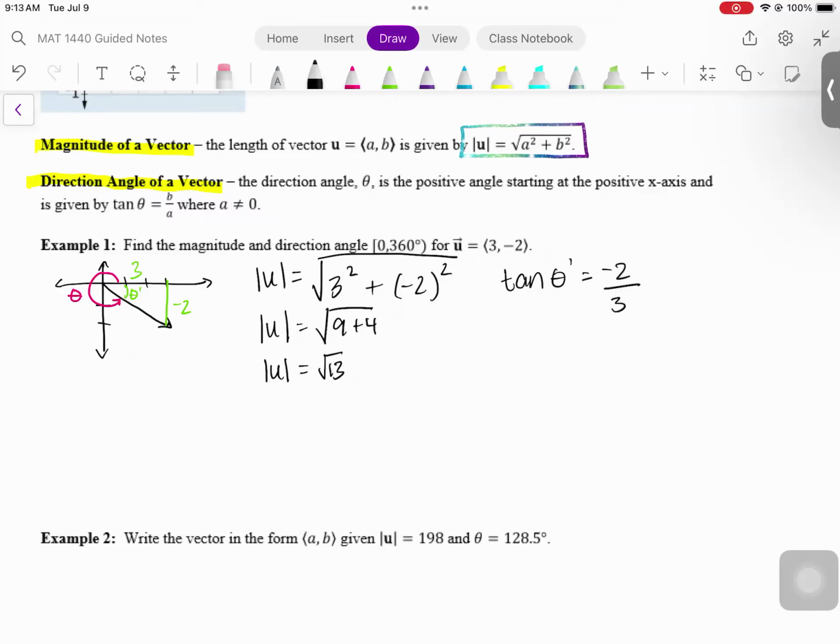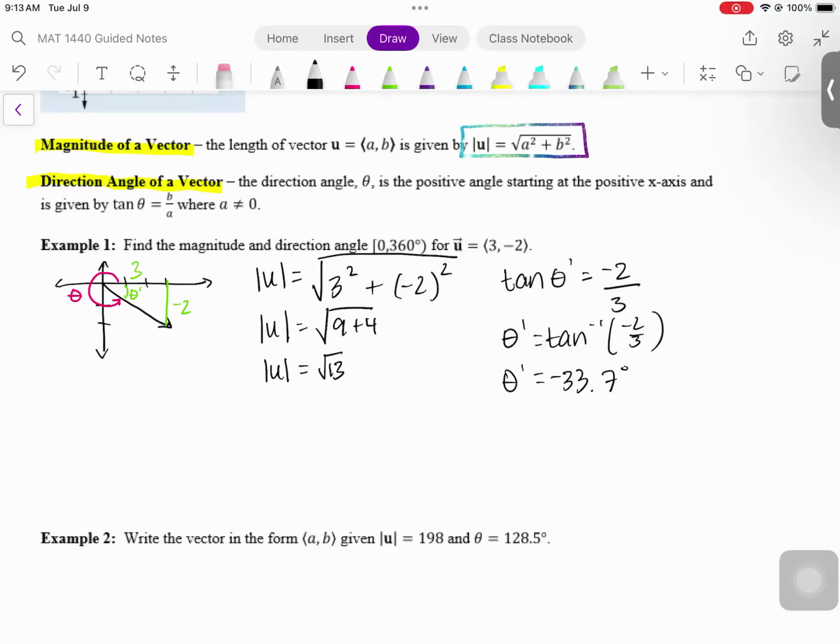And we're going to use inverse tangent to solve for that theta prime. Now, if you recall those properties of our inverse trig functions, in particular inverse tangent, the output's always going to be an angle between -π/2, or -90 degrees, and π/2, or +90 degrees. So we're going to get an output of theta prime to be -33.7 degrees, which is really just measuring that angle from the positive x-axis clockwise.